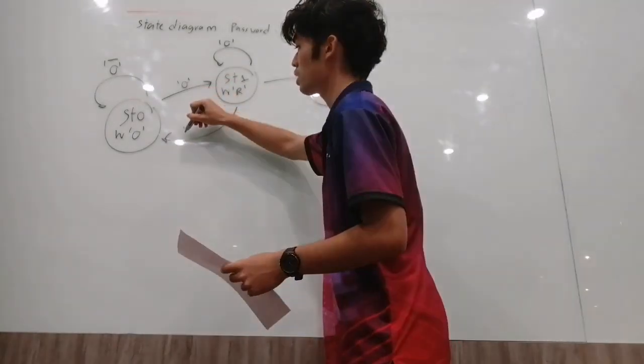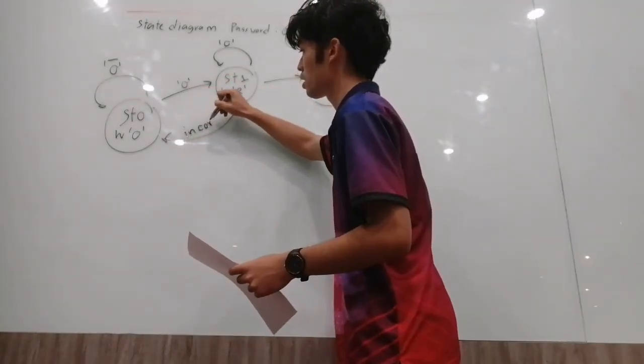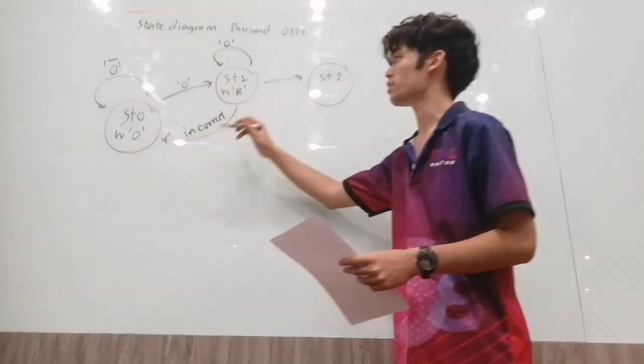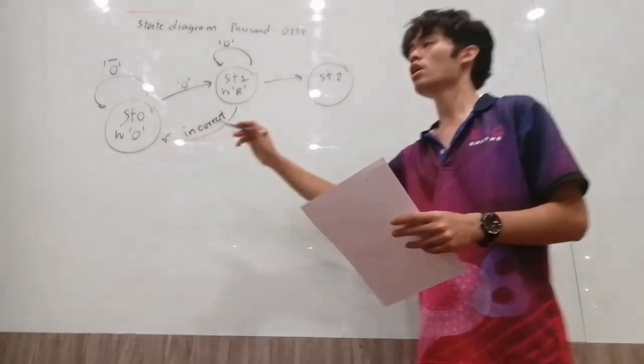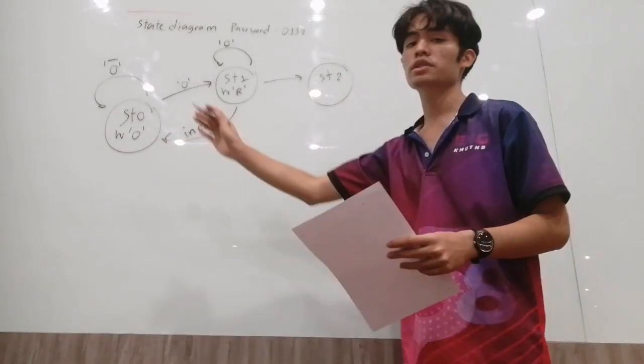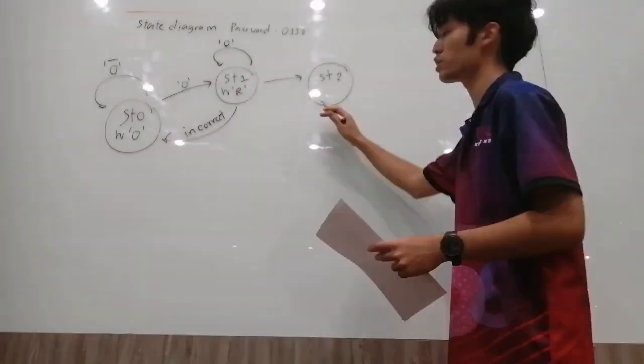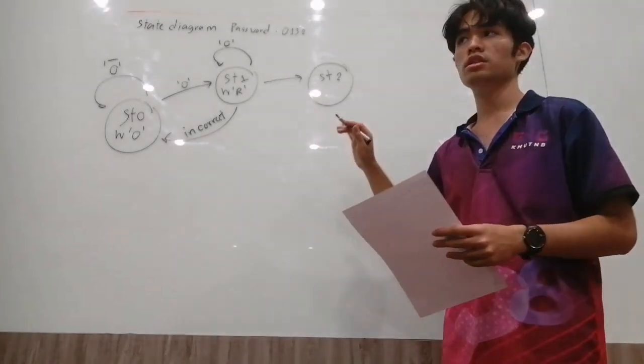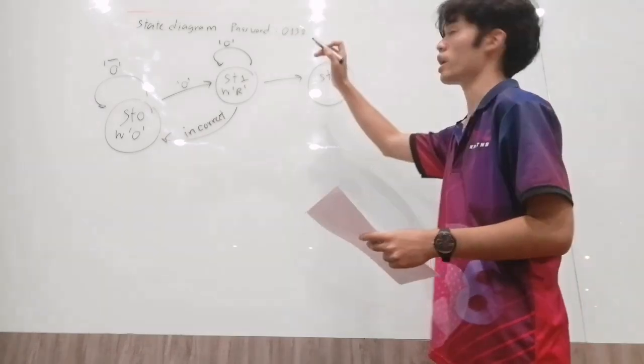When incorrect, it will go to state 0 to restart. State 2 waits for the second password digit, which is 1.